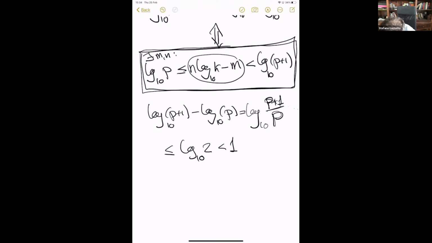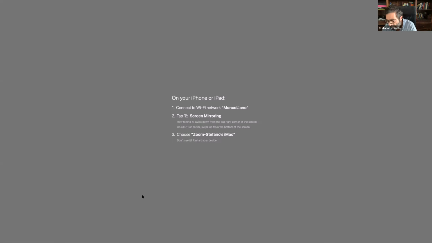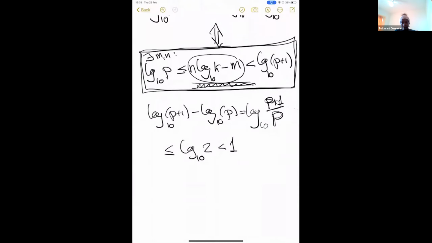Okay, so this means that we want this distance, n log base 10 of k minus m, to be very small, in particular less than 1.